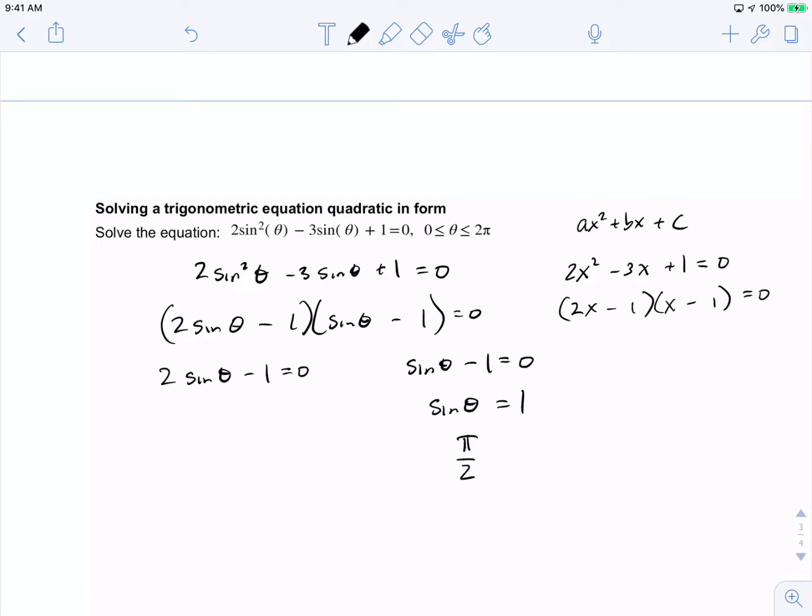And then this other one, 2 sine theta is equal to 1. So sine theta is equal to 1/2. So where is sine 1/2? It occurs at pi over 6, and then it occurs again at 5 pi over 6. So our solutions here are these 3 answers here.